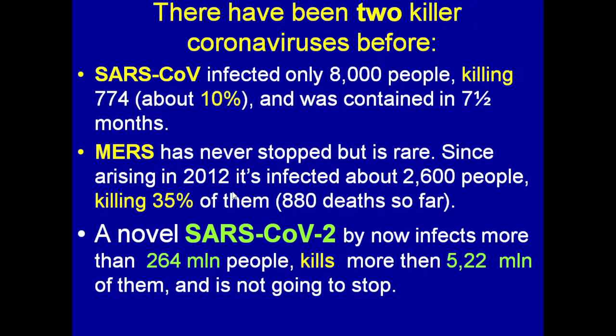At this moment, around 5.22 million infected people have been killed by SARS-CoV-2. That is a really natural born killer, and it is not going to stop, as we understand right now.